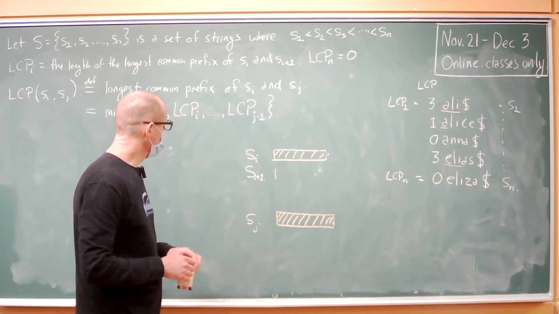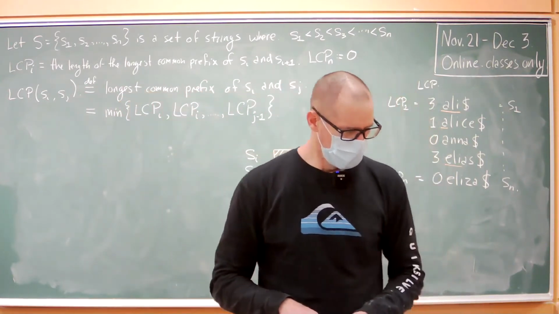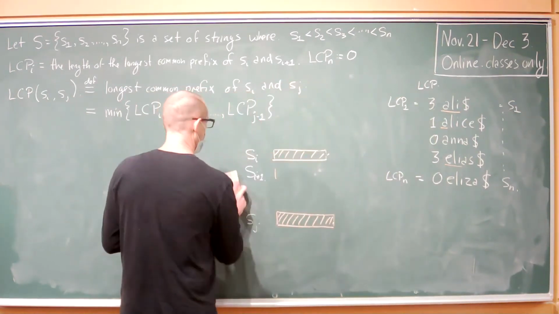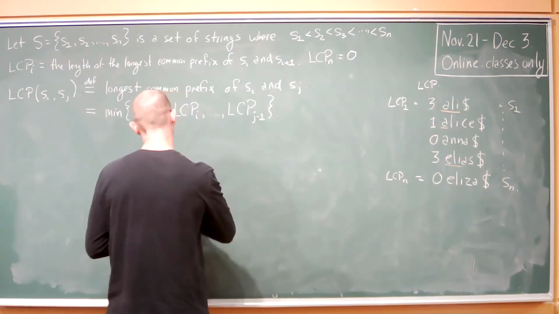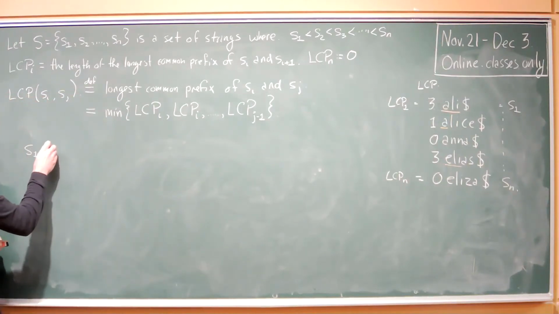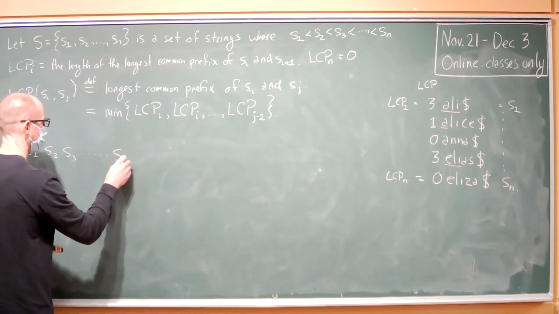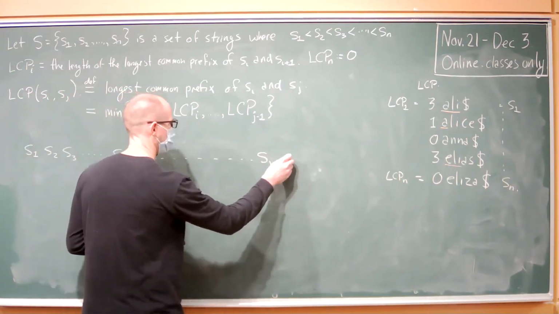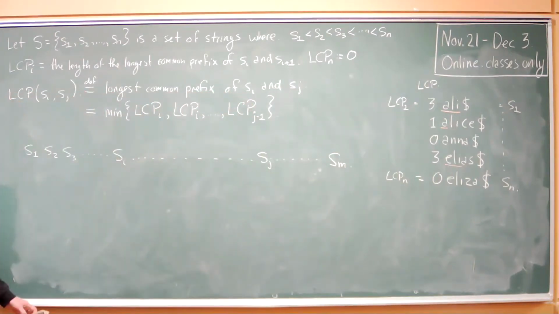All right. So what can we do with this longest common prefix structure, or this longest common prefix information? So one thing we want to do with sets of anything is to search in them, right?